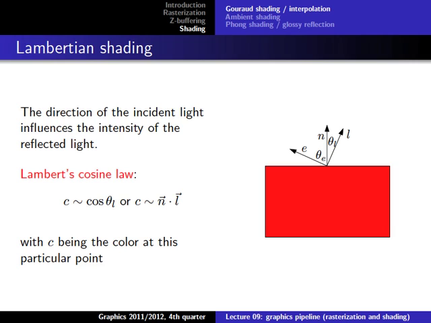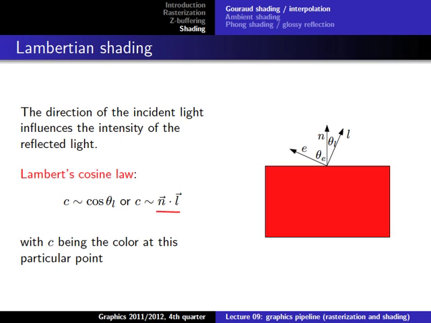So it is proportional to the cosine of that angle, which in turn is proportional to the scalar product between the two vectors that form this angle, which are the normal vector and the vector L, the light direction pointing from that point to the light.